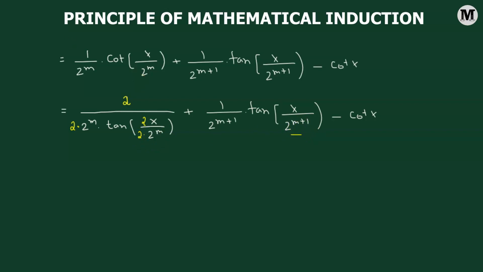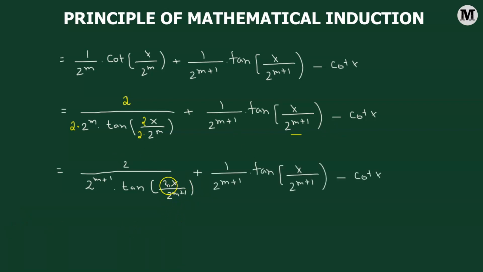This will become evident in a moment. So here we have 2 divided by, now 2 times 2 raised to the power of m is simply 2 raised to the power of m plus 1 multiplied to tangent of, now we have 2 times x divided by 2 raised to the power of m plus 1. Fine, and then we have the rest of the terms.